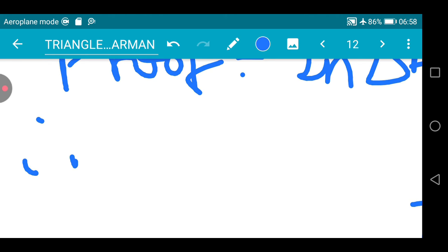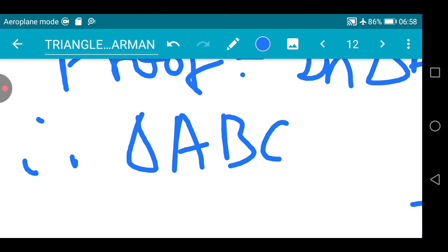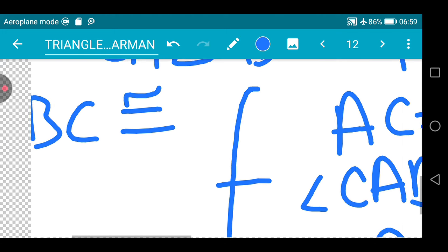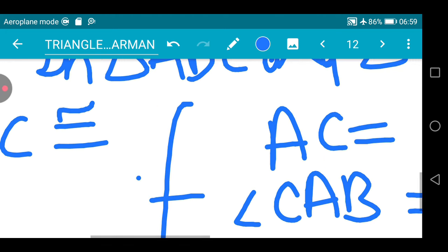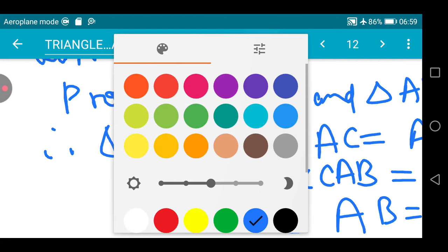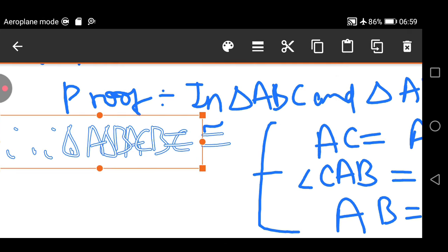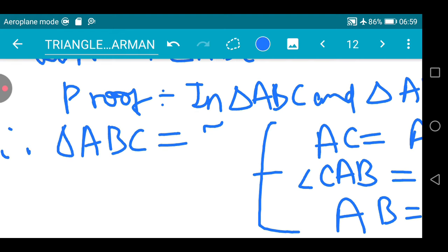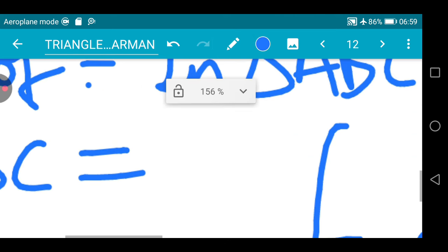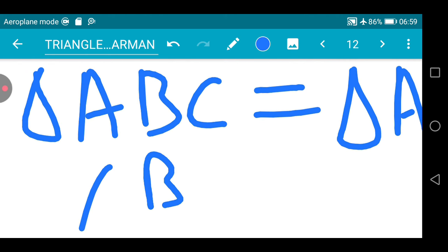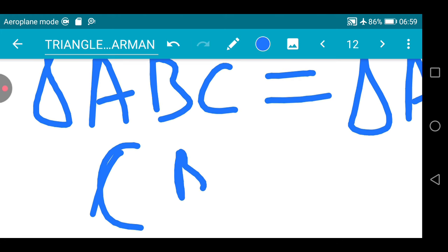Therefore triangle ABC is congruent to triangle ABD by side angle side.